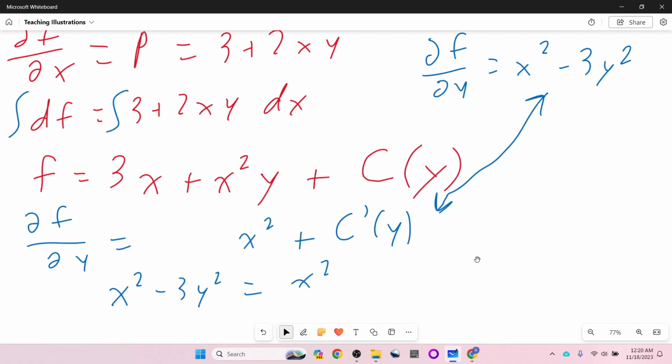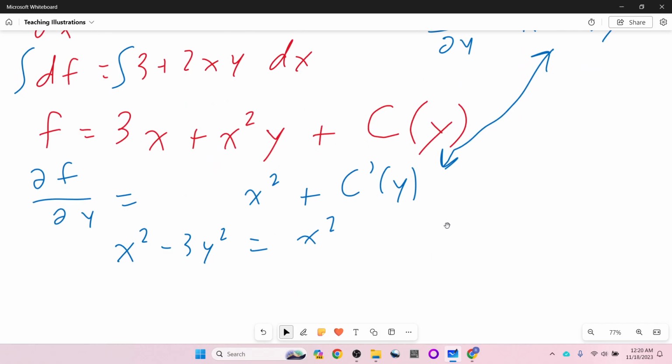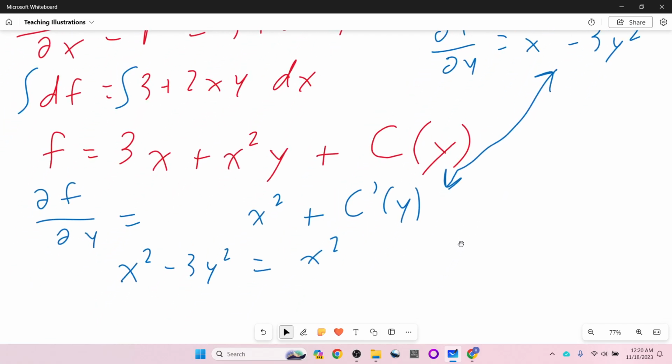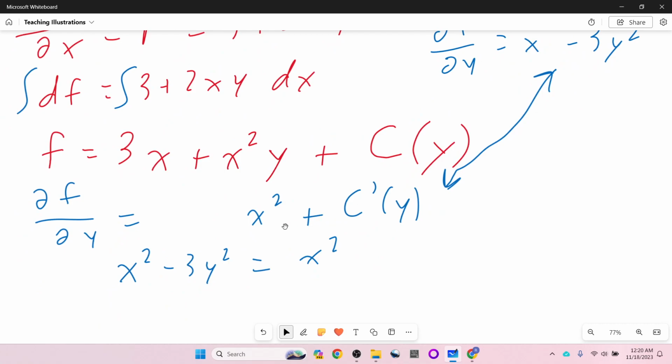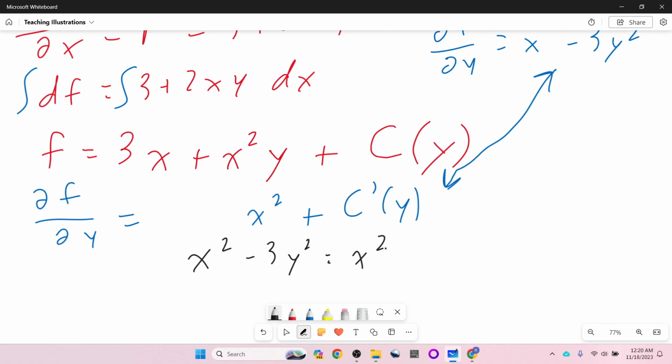So, x squared plus c prime of y is equal to x squared minus 3y squared. So those go away. Sorry. Let's do this right. X squared minus 3y squared equals x squared plus c prime of y.